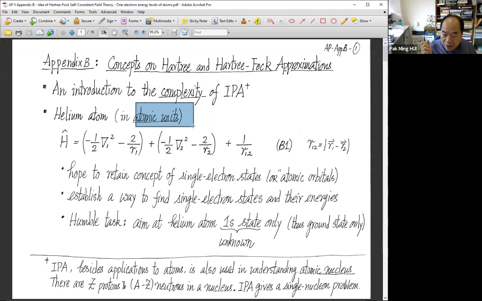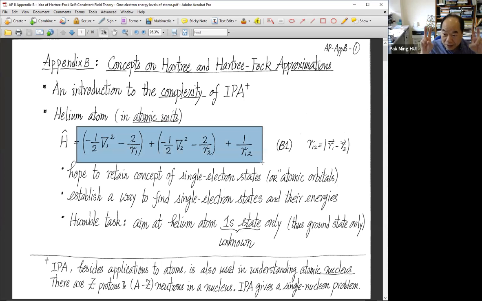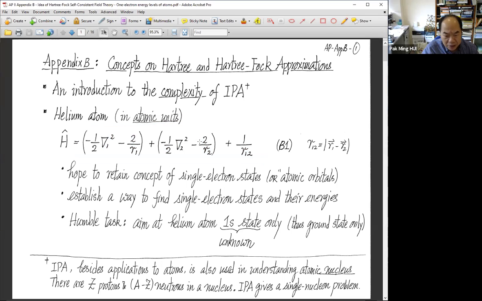Use that as a unit, and then Bohr radius as another unit. Mass in mass of electron, etc. Then the helium atom Hamiltonian looks simpler, but it's the same thing, okay? You have a problem set to work this thing out, I think.